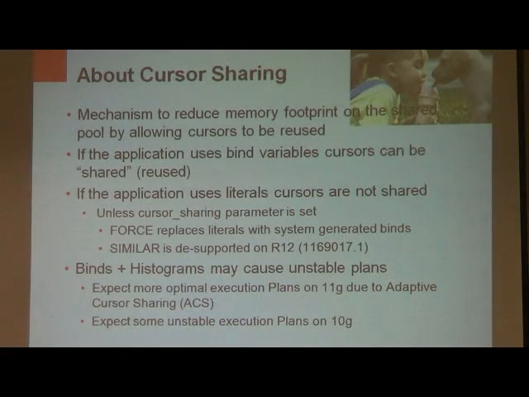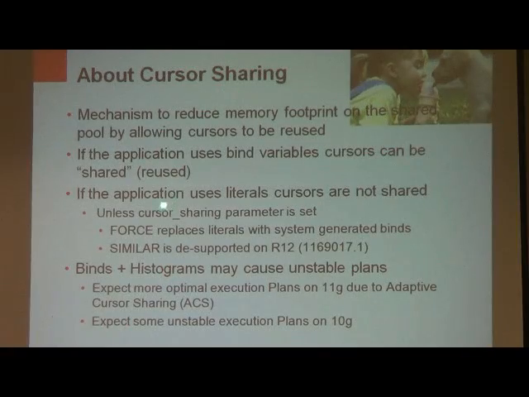Now, once we replace literals with binds, we have the same issues we had before. Binds, histograms, skew data, they do not mix very well. You end up having unstable plans. So we have the same issue. This one here remains the same.